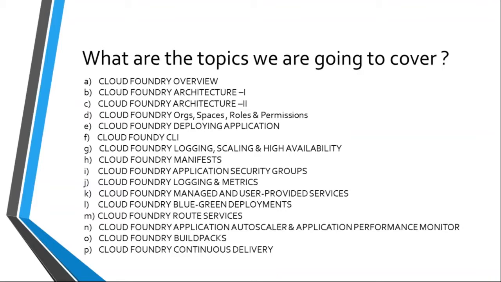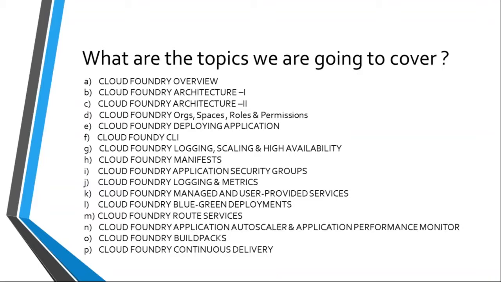In the next coming chapters, we will study the Cloud Foundry architecture. Here we will go deeper into the DEA architecture and the Diego architecture, which we have already studied. Next, we will go over how we define organizations, spaces, roles and permissions in our Cloud Foundry platform.